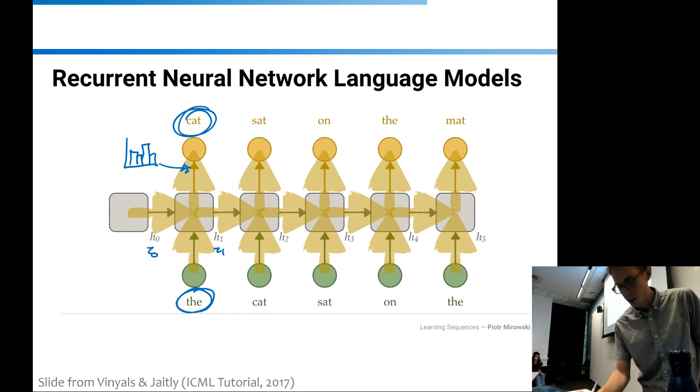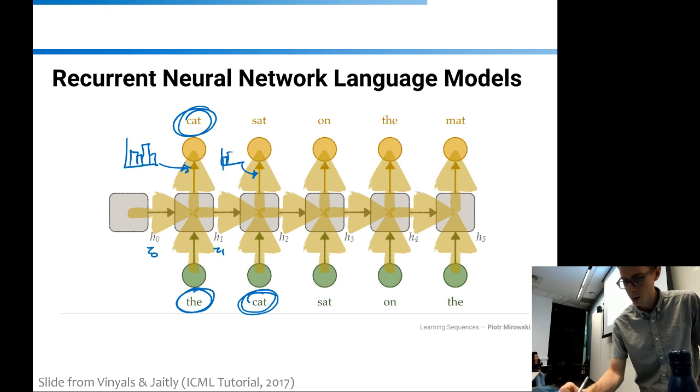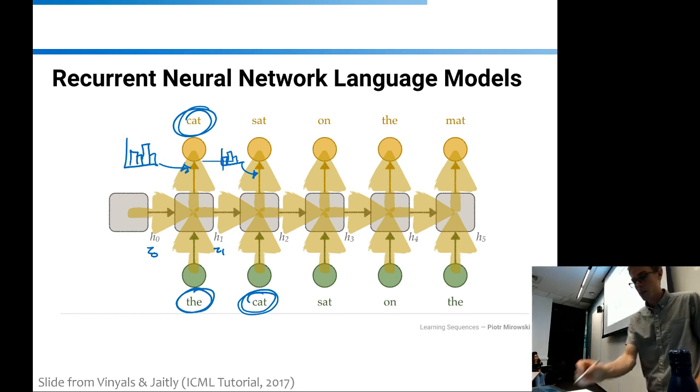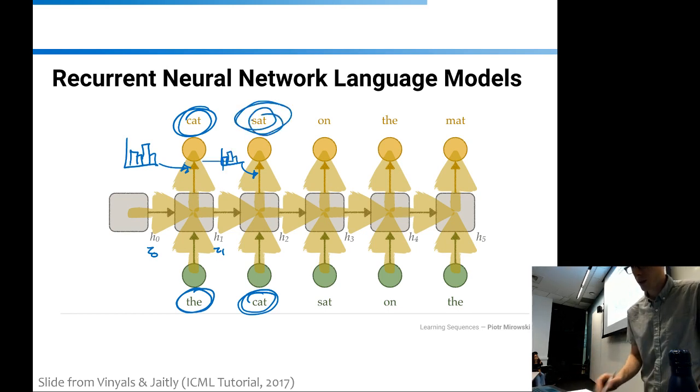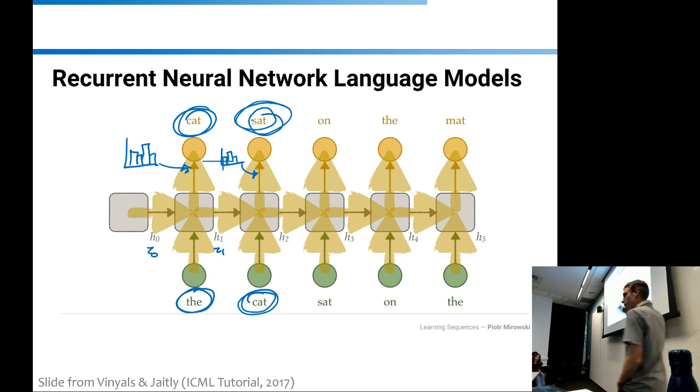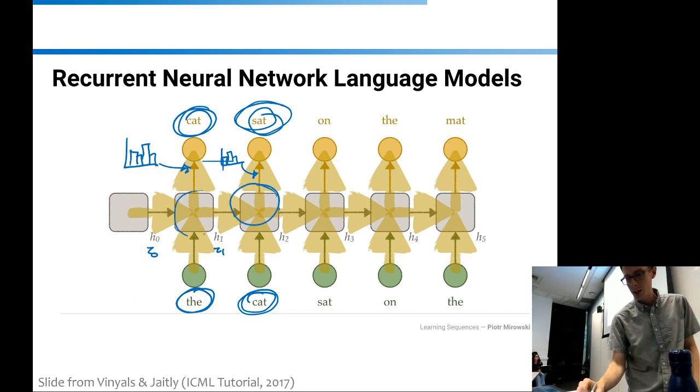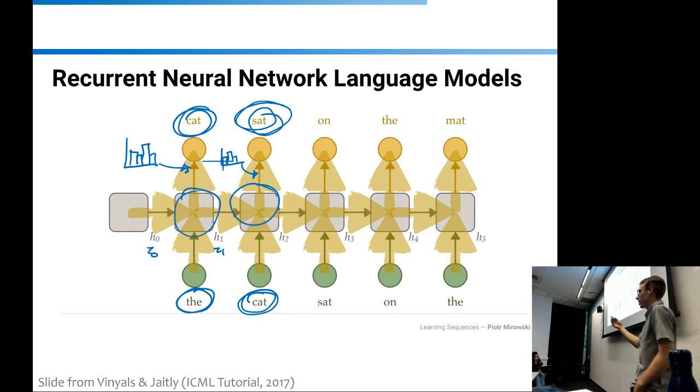And then we do the same thing. Now we feed in the next word, and we get another distribution over the vocabulary. And then we train to maximize the likelihood of the third word, and so on down the line. So every time we're training these hidden units so that they take on values that are good at predicting the next word that's to come.